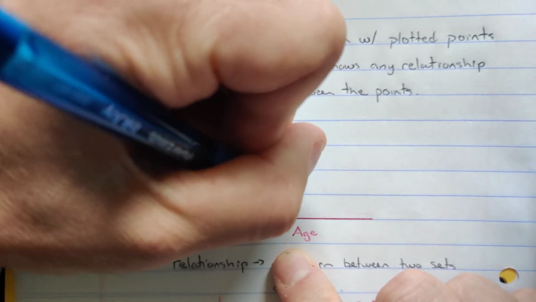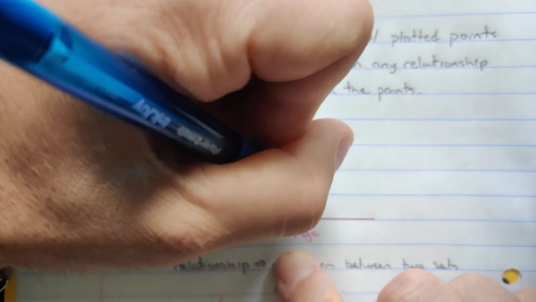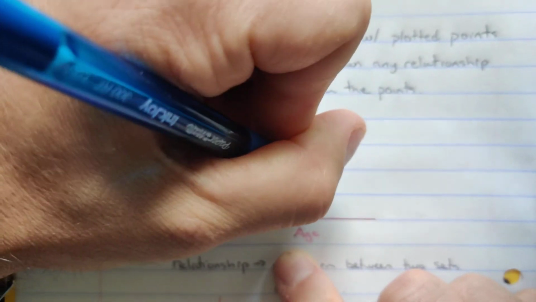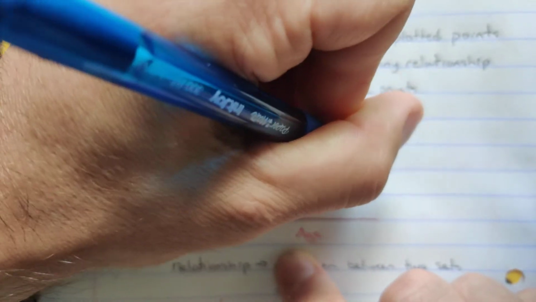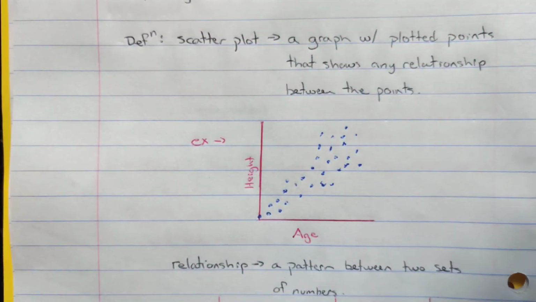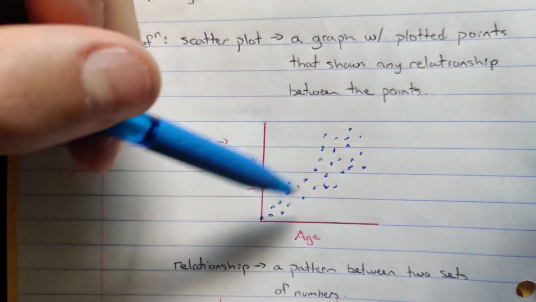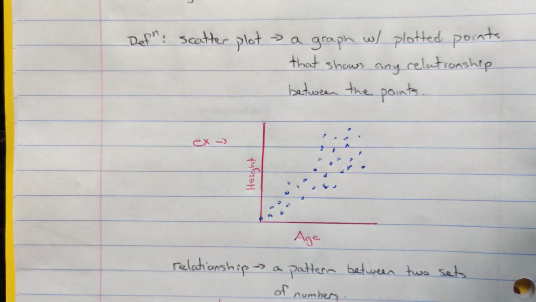So we could have maybe points like this for a bunch of people. If we survey a whole bunch of people, we might get a whole bunch of points, something like this. People of all sorts of heights, but in general, there's our scatter plot. We got a whole bunch of points scattered around. As the age increases, the height's increasing would be the relationship showing there.